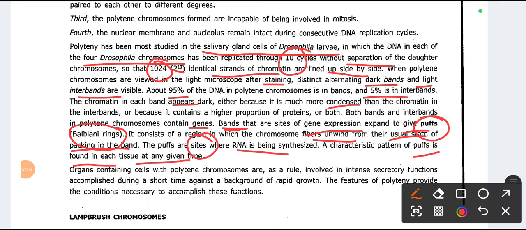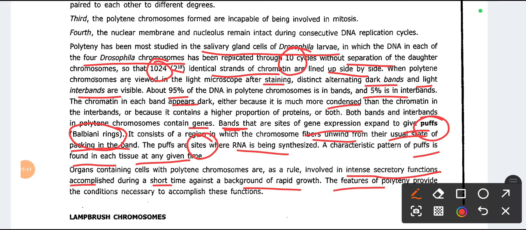Organs containing cells with polytene chromosomes are involved in an intense secretory function, which is accomplished during a short time against the background of rapid growth. So when there is rapid growth, you will find that the cells of those organs where polytene chromosomes are present are, as a rule, involved in intense secretory functions, accomplished during a short time against the background of rapid growth.